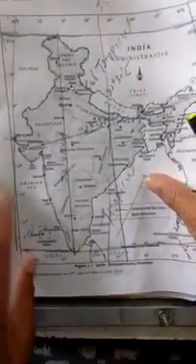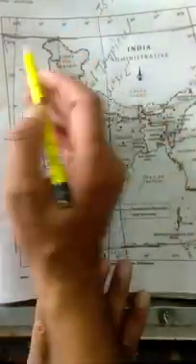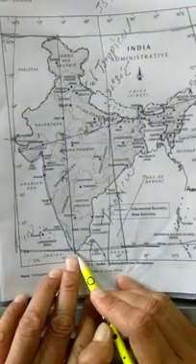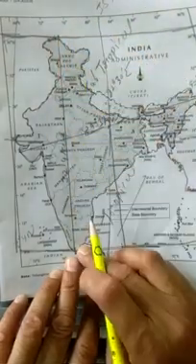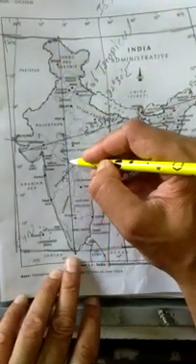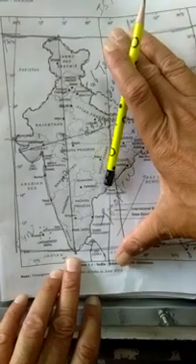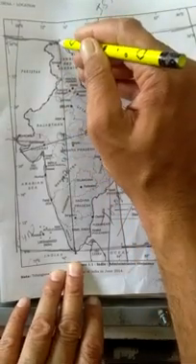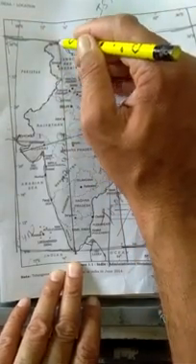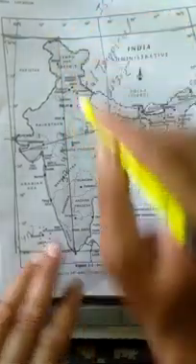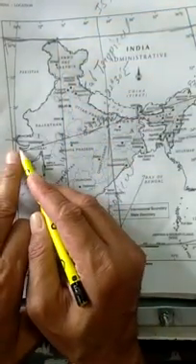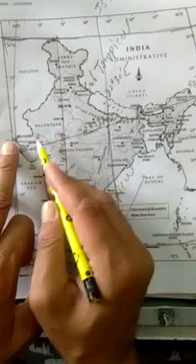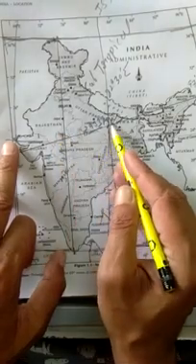If you see from here, it's 37 degree 6 minute north to here, 8 degree 4 minute north. From here to here, the physical distance is 3,214 km and the latitudinal distance is 30 degree. And from the westernmost point of India to the easternmost point, from Gujarat to Arunachal, it's 2,930 kilometer physical distance.